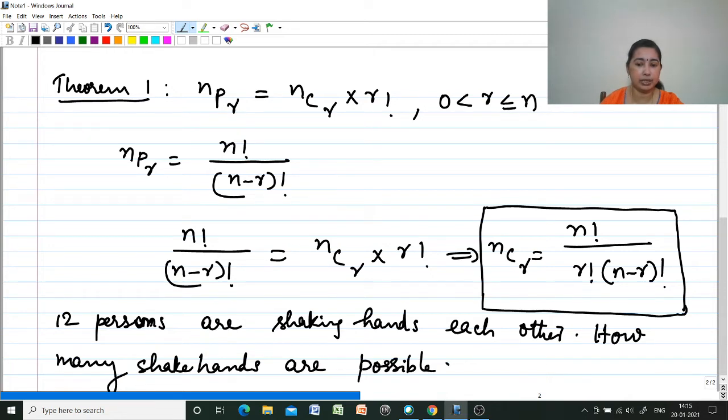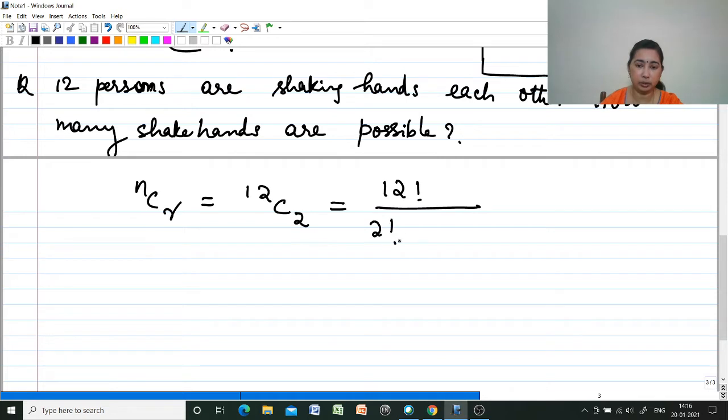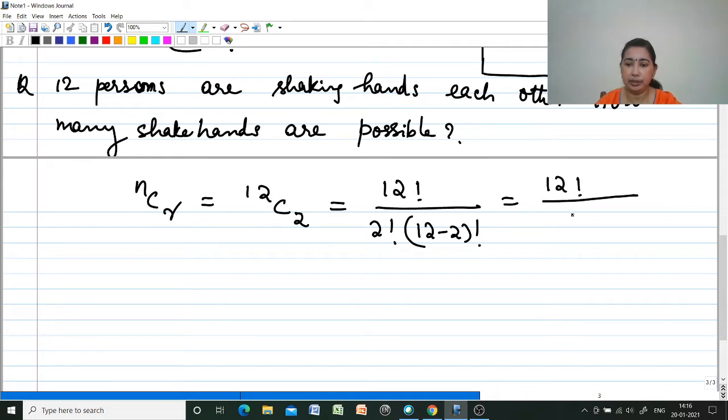As I have discussed, 12 persons are there, and for one shake hand we need 2 persons. So the number of shake hands is nCr, the same as 12 persons taken 2 at a time. So 12C2, and nCr is n factorial by r factorial into (n minus r) factorial. So 12 factorial by 2 factorial into (12 minus 2) factorial, that is 12 factorial divided by 2 factorial into 10 factorial.